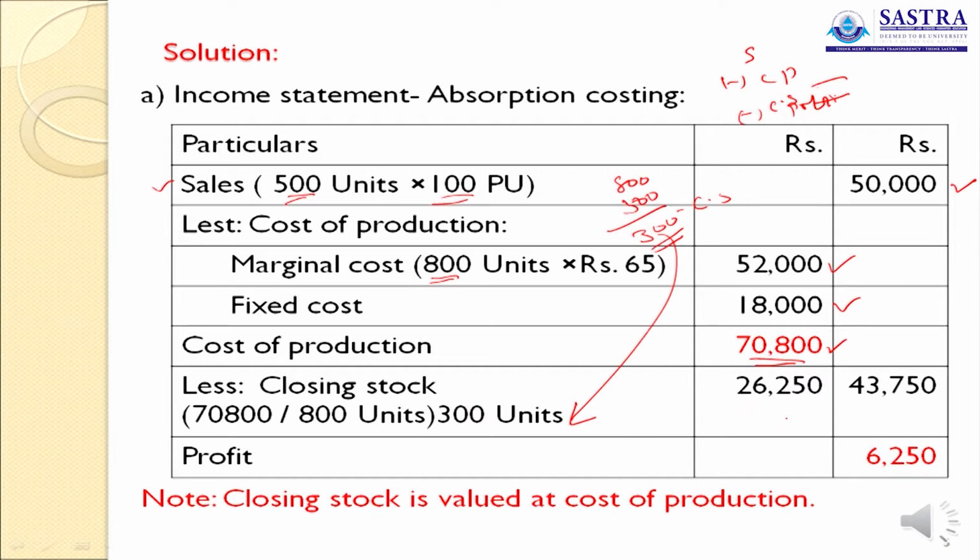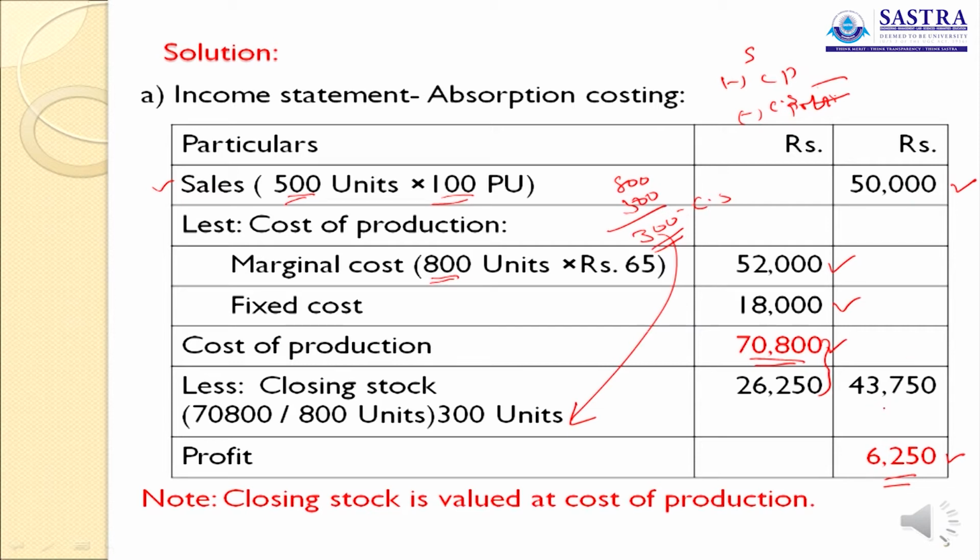So now you deduct this closing stock from cost of production. Here it is 43,750. So the profit is 6,250. Here the answer is 6,250. So cost of production 70,800 less closing stock 26,250, the difference between these two is 43,750.